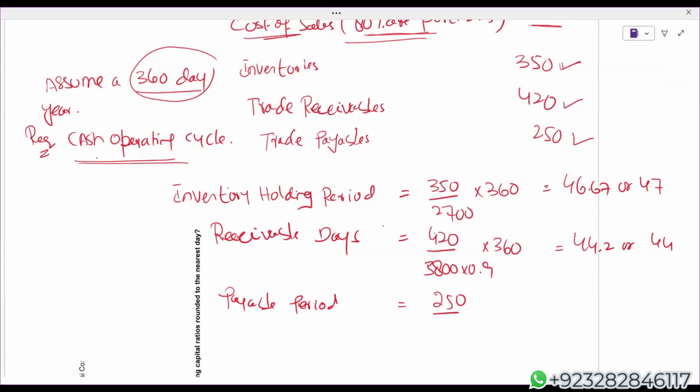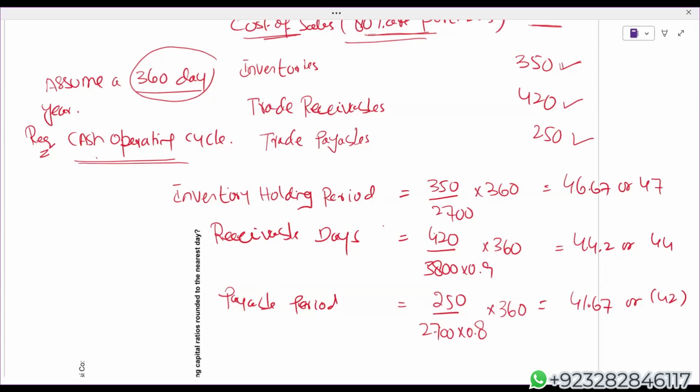But here purchases are given to us, and the purchases are 80% of cost of sale. If I take 80% of 2,700, I'm getting 2,160. So 250 divided by 2,160 multiply by 360, it gives me 41.67 days. So let's take it 42.